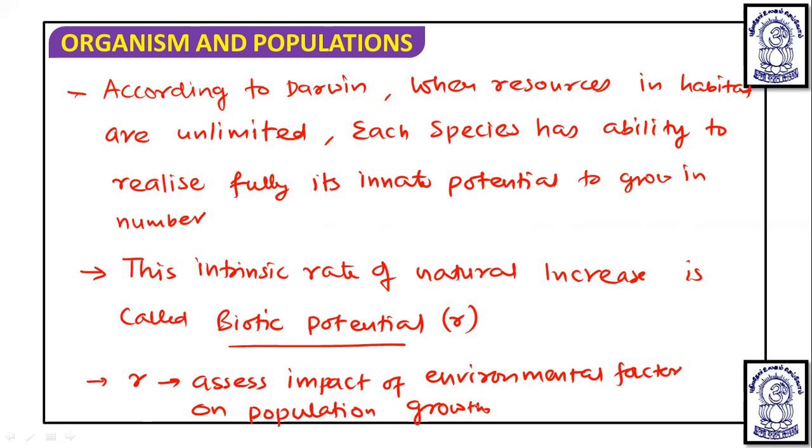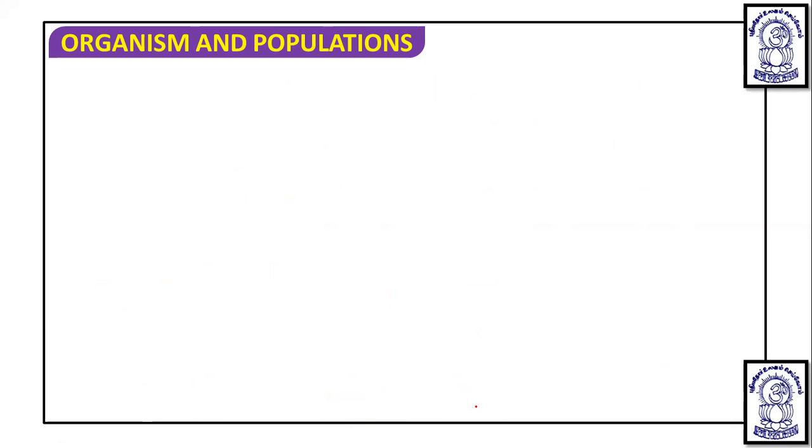And the following are the important aspects of the exponential growth. If we want to show the exponential growth, we have to draw a curve, because there are unlimited resources.